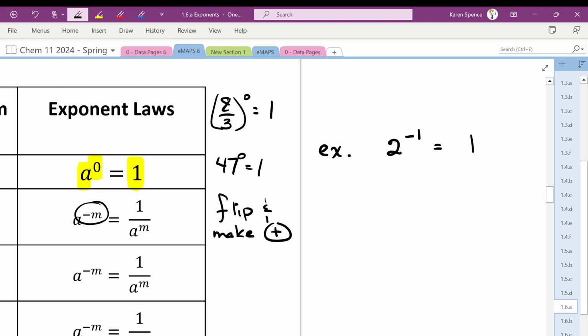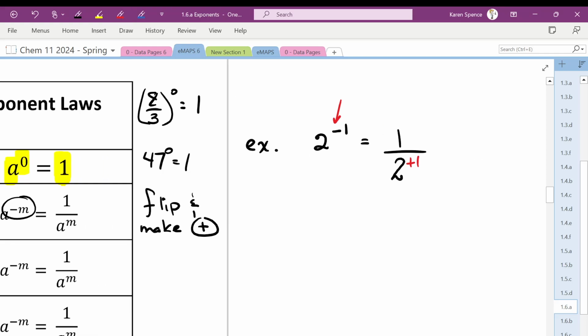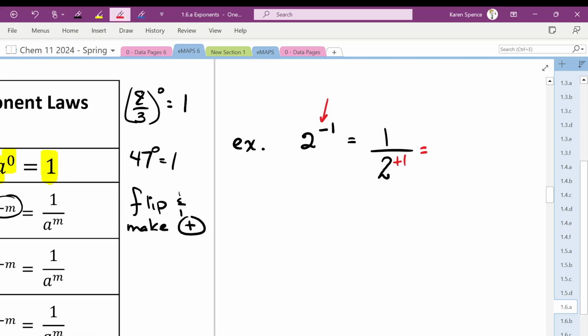So we're going to put the 2 in the denominator instead of in the numerator. And we're going to change our sign from negative to positive. So now it is 2 to the positive 1. But we won't actually write positive 1. We would just write 1 over 2 to the 1. Okay, we don't have to write the positive there. So that would be equal to 1 over 2.